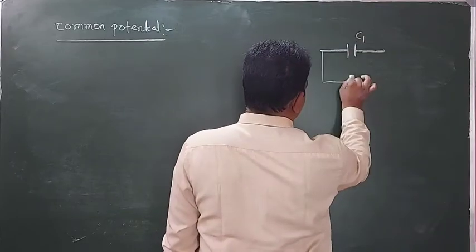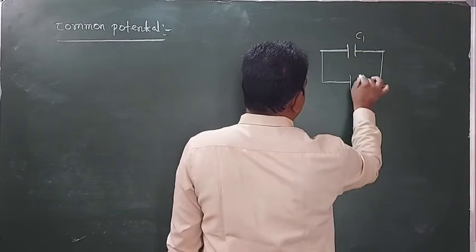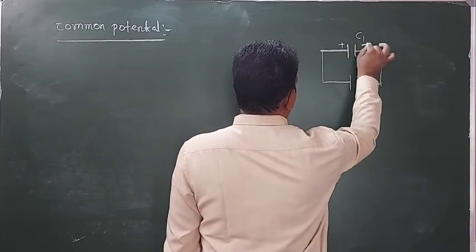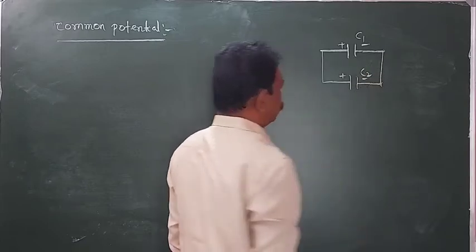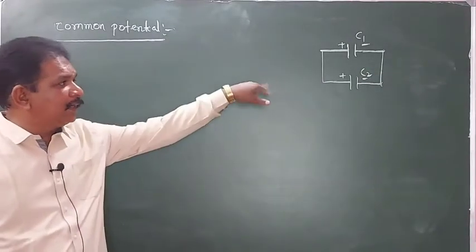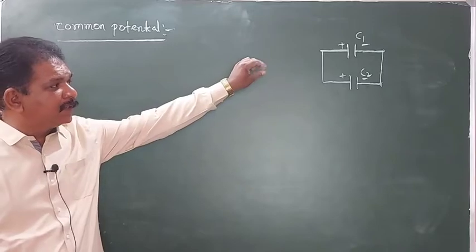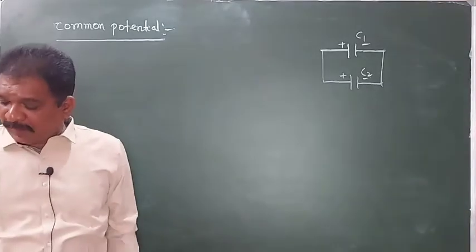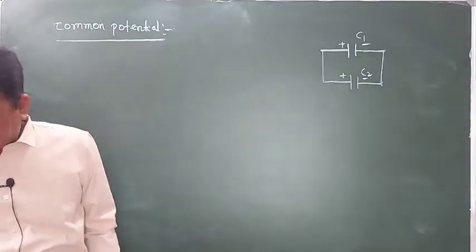Their capacities are C1 and C2. They are connected like this. Their positive plates are connected, their negative plates are connected.